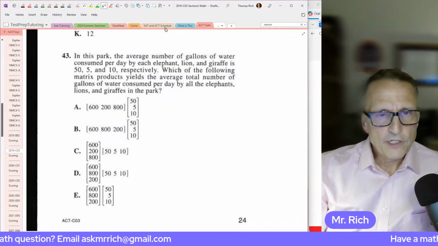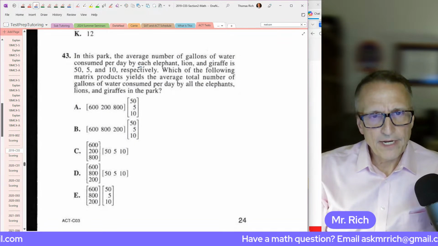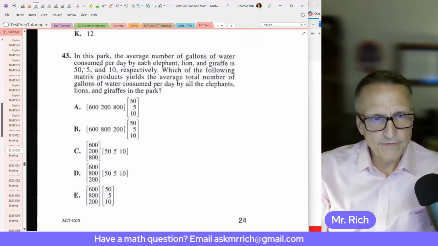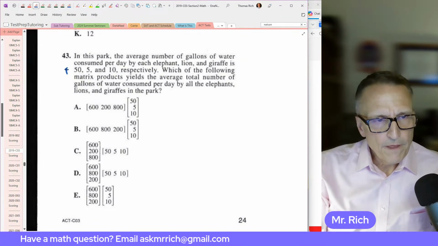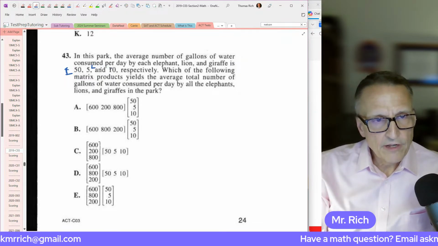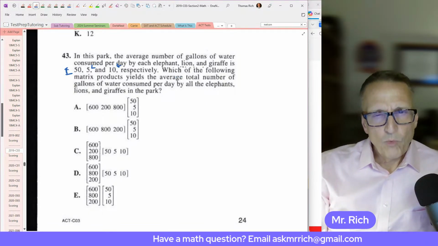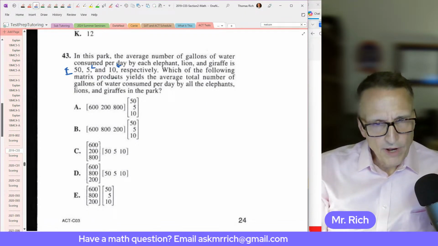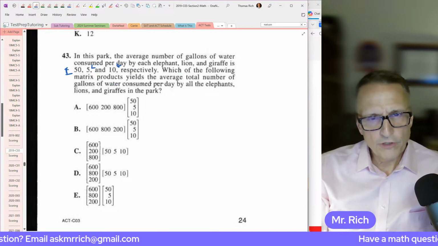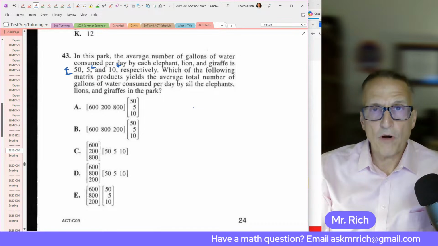It says, in this park, the average number of gallons of water consumed per day by each elephant, lion, and giraffe is 50, 5, and 10 respectively. So elephants are consuming 50 gallons per day, lions 5 gallons, giraffes 10 gallons. Which of the following matrix products yields an average total number of gallons of water consumed per day by all the elephants, lions, and giraffes in the park?